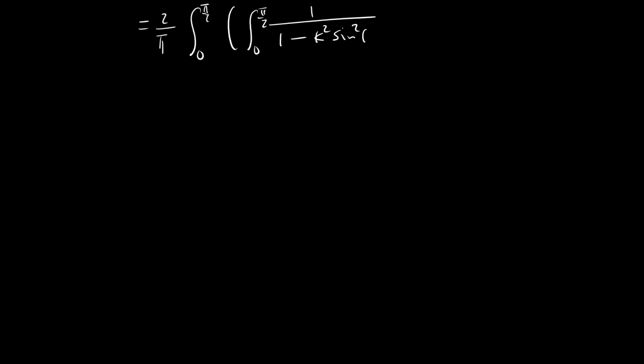So our problem has come to this point where we have 1 over 1 minus k squared sine squared phi sine squared theta.